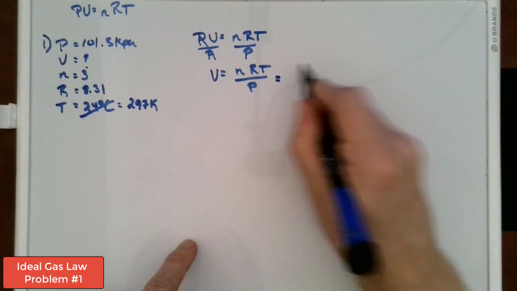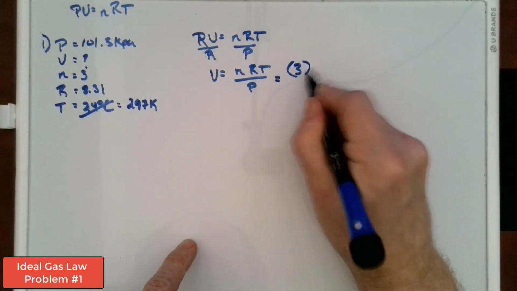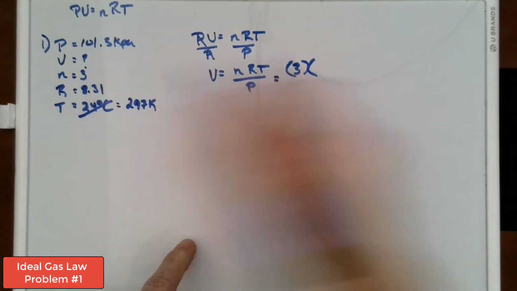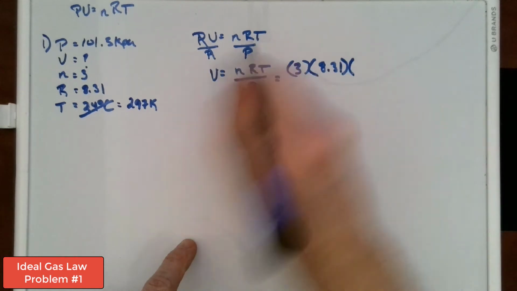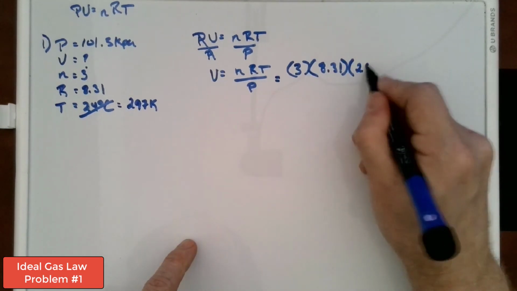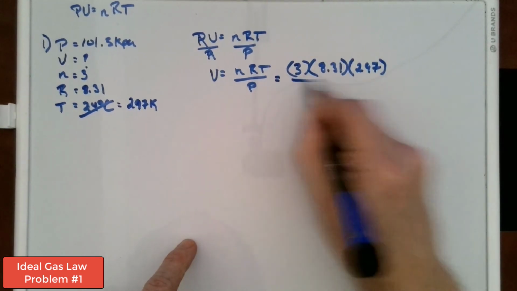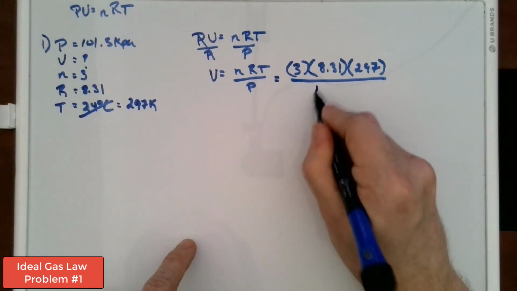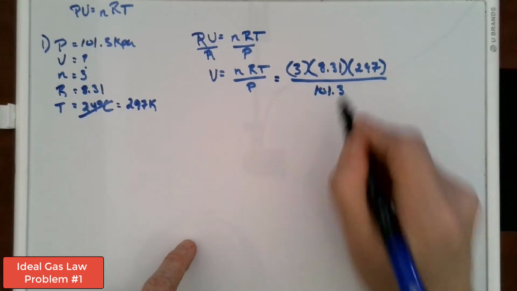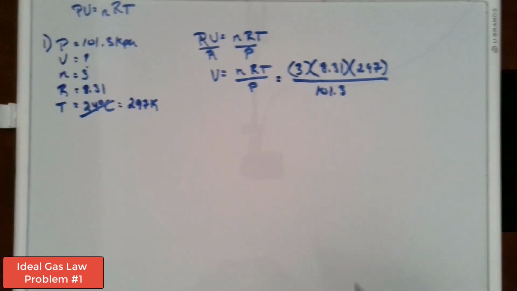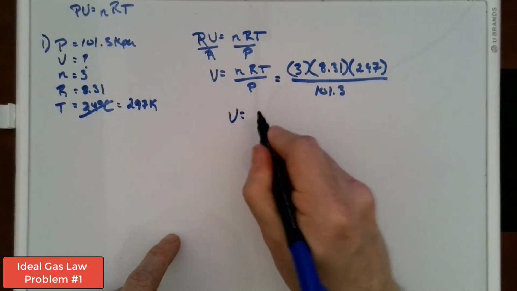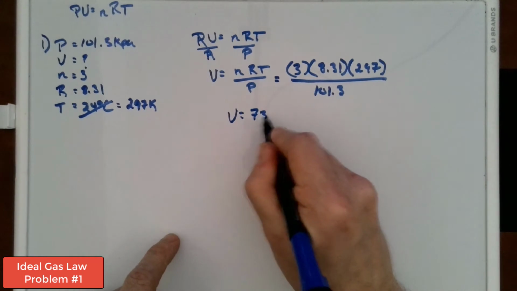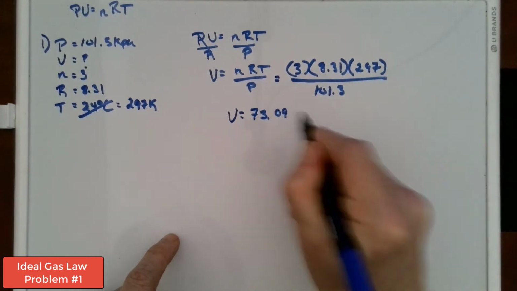n is 3. The R value we decided on was 8.31. T is temperature, or 297 Kelvin. And the pressure was 101.3 kilopascals. Solving for this whole thing, you end up with a volume of 73.09.